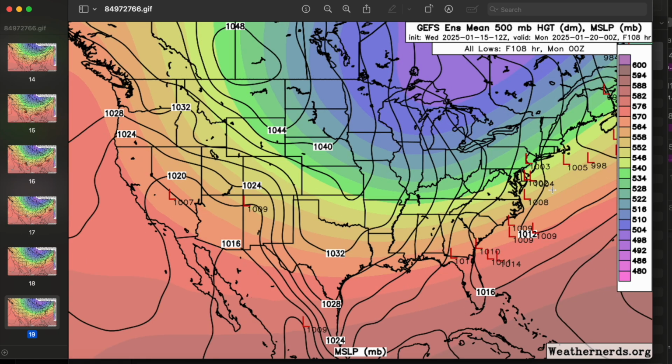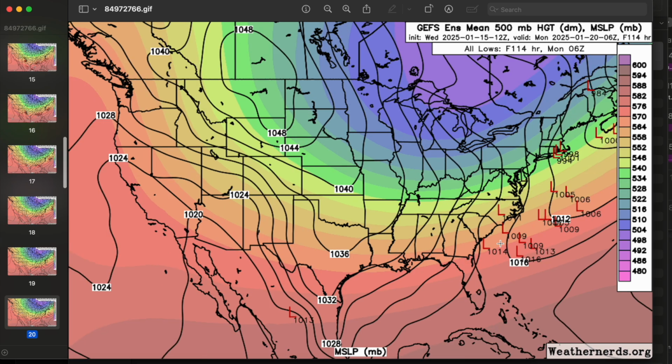What's interesting is that some of the members of the GEFS want to induce some low pressure development across the coastal Carolinas, somewhere off the coast. We'll see what that means in a moment when we look at a particular solution.